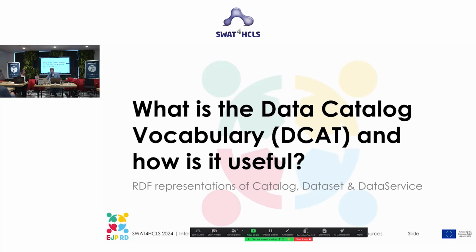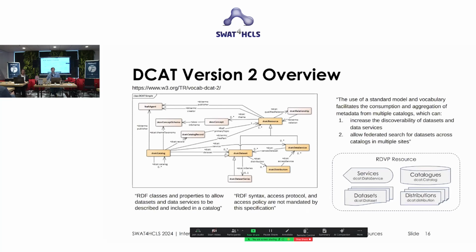So this vocabulary is very generic and is supposed to be able to represent more or less whatever kind of data catalog structure that you could envision, which makes it very flexible and very useless at the same time. So to make it useful, if you don't want to design a software that could address all of the different kinds of variation, you need to impose some restrictions. So creating profiles of this is what you usually do.